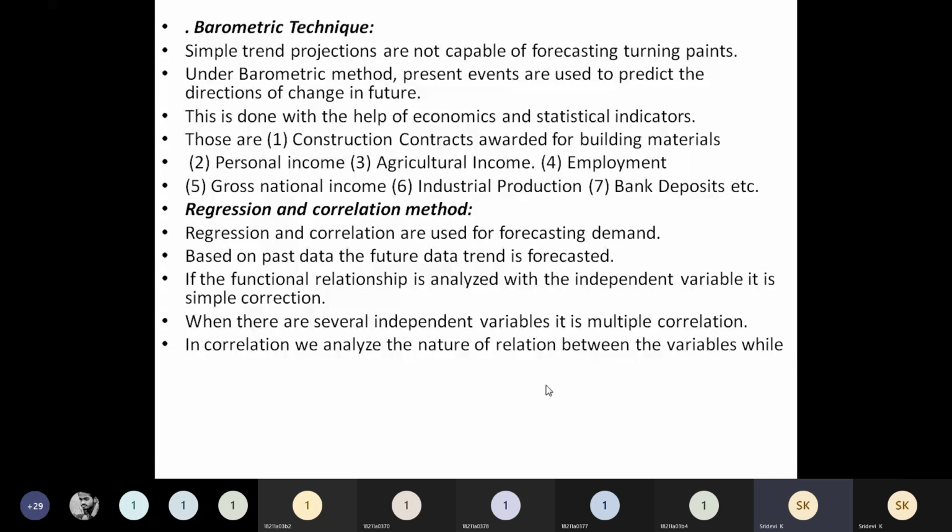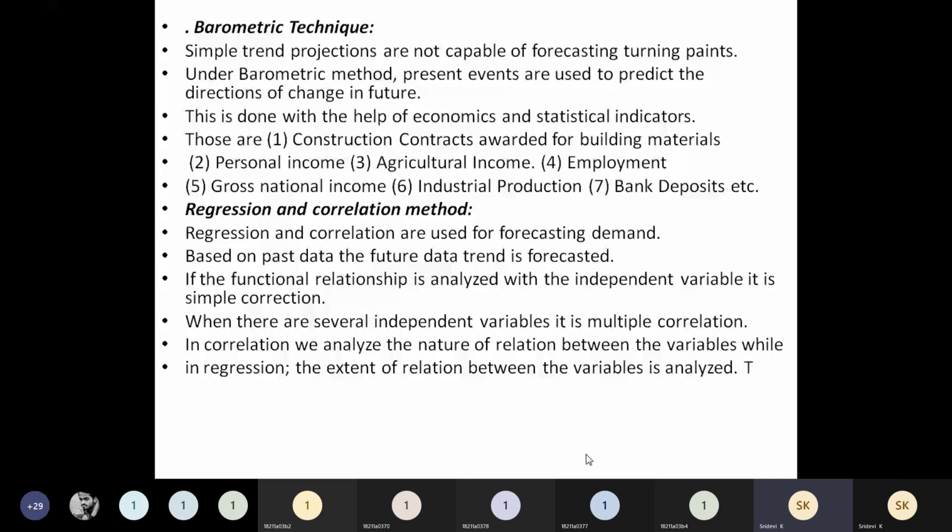But we cannot find out to what extent they are positively or negatively related. That extent of relationship we cannot say by using correlation. To know to what extent these two variables are related, we are going to use regression analysis.